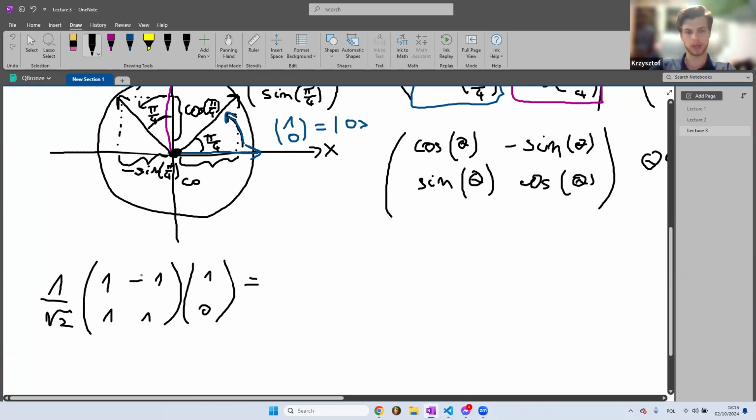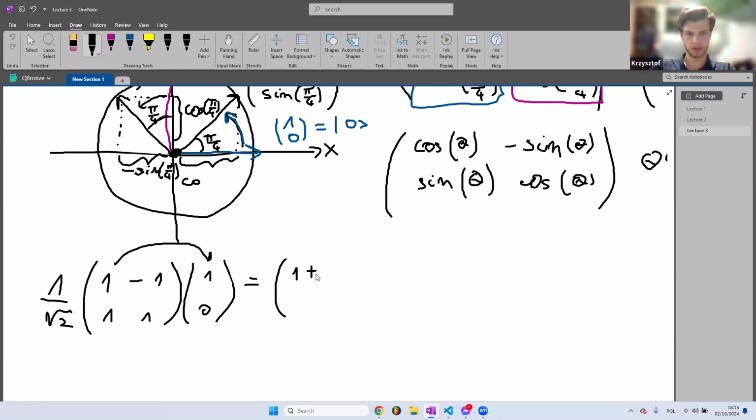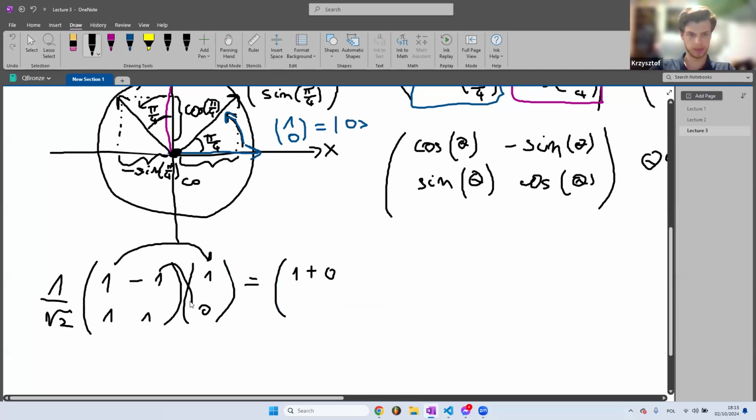Multiplying this with that, we get 1 plus 0, from this here, and also 1 plus 0, and also 1 over square root of 2 in front, which is equal to 1 over square root of 2, 1, 1.